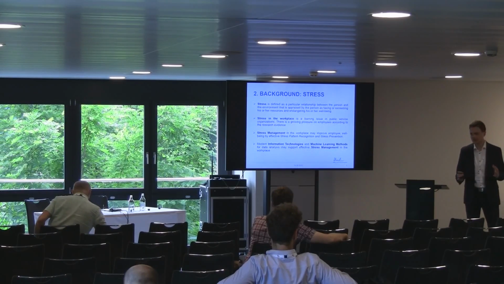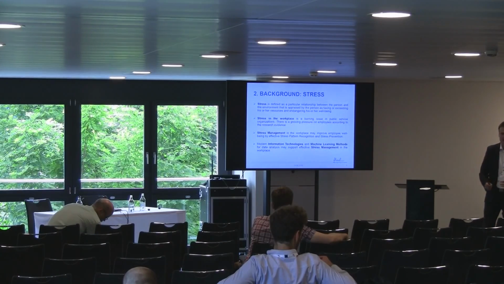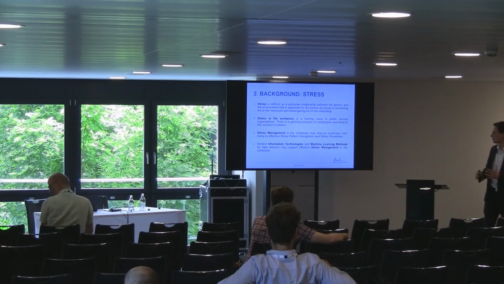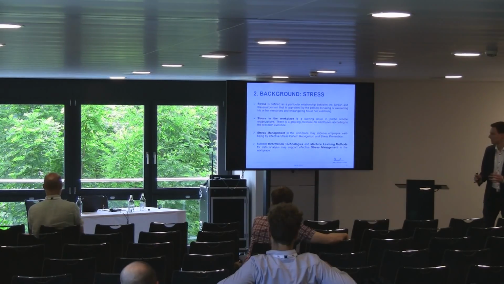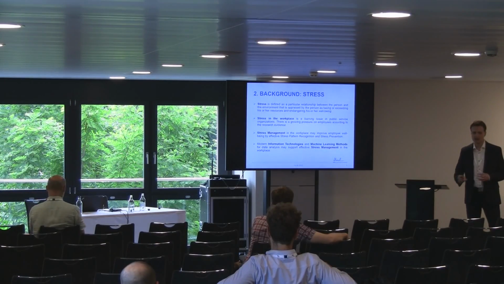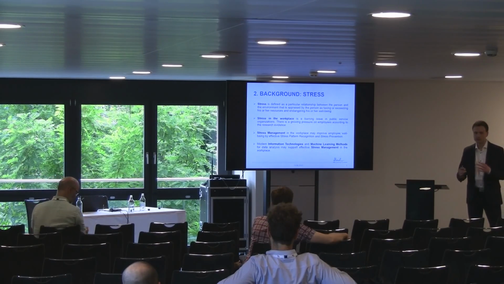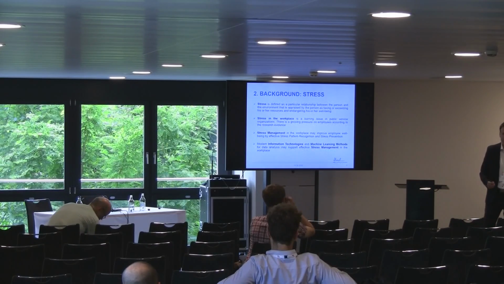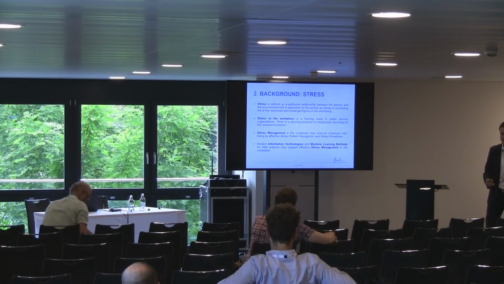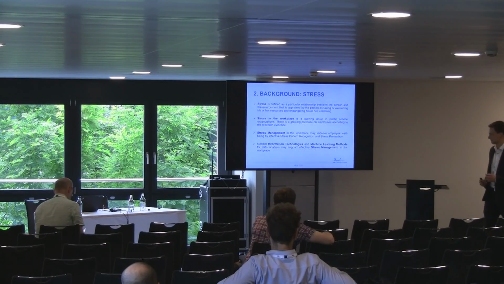So what is stress and why is this problem important? Stress is defined as a relationship between individual and environment that the individual perceives as taxing or exceeding the individual's ability to cope. Stressors can be both physical and mental. Excessive stress can lead to the development of diseases and to mental and physical dysfunctions.